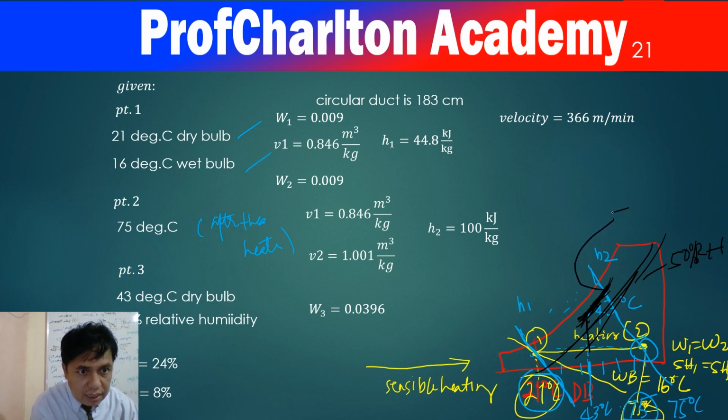This line is 70% relative humidity. So you can have this point here as 3. So 1 is the start of the heater, 2 is the end of the heater or beginning of the dryer, then 2 to 3. Let me put this black line.